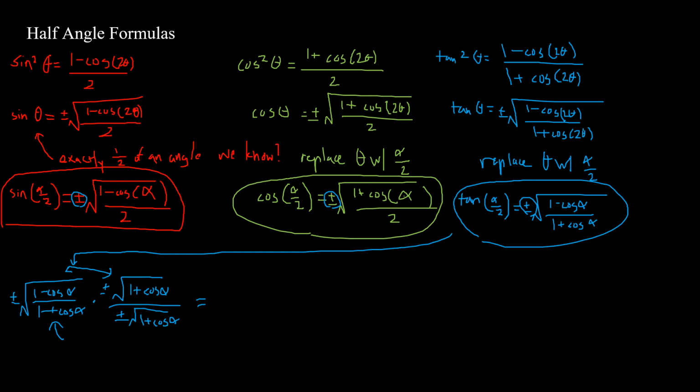Well, sorry, let me reiterate that. The radicals, at least in the numerator, are not going to cancel out immediately. However, for the denominator, because they're just the same term, they will. So this is going to be equal to plus minus square root of 1 minus cosine alpha multiplied by 1 plus cosine alpha.